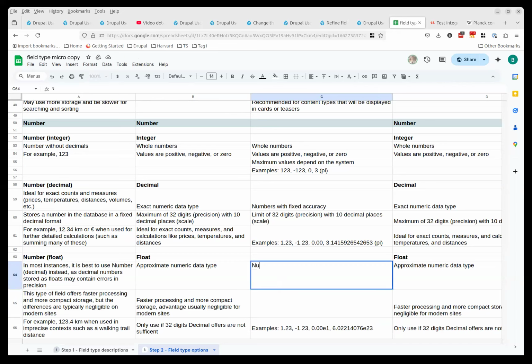How about something like numbers with decimal parts and exponents?